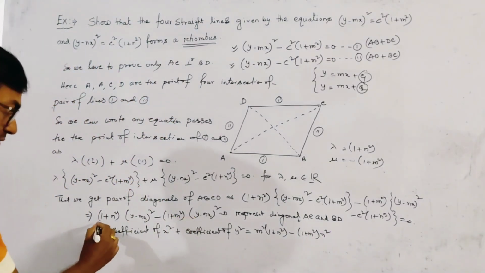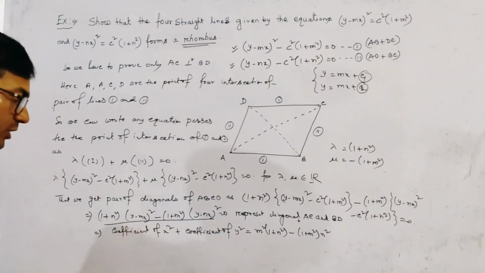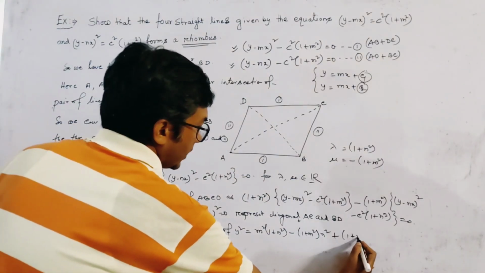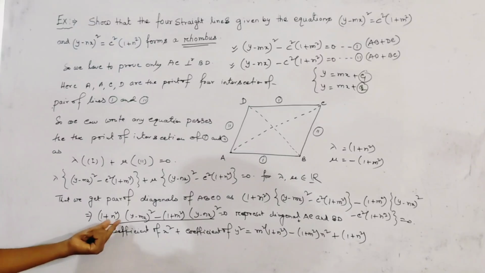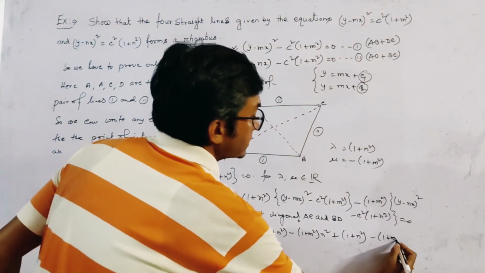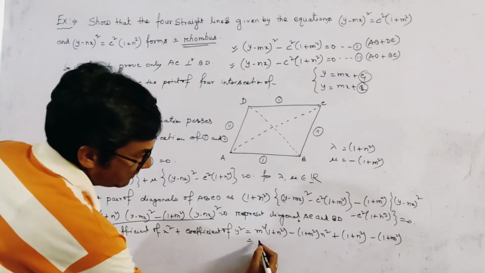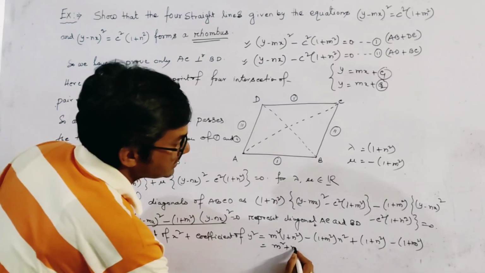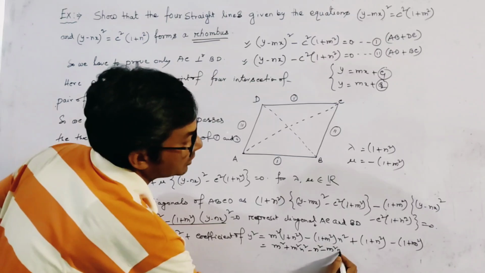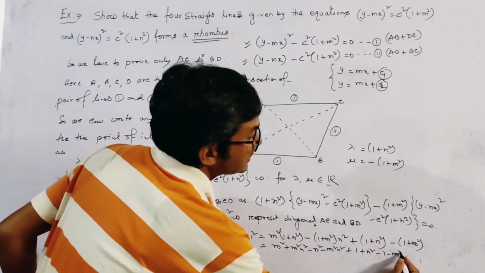Now we add the coefficient of y square, which is (1 plus n square) minus (1 plus m square). This gives m square plus m square n square minus n square minus m square n square plus 1 plus n square minus 1 minus m square.